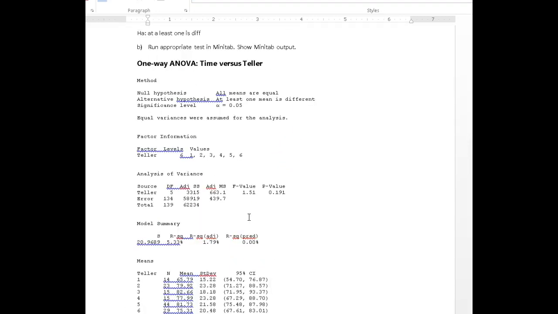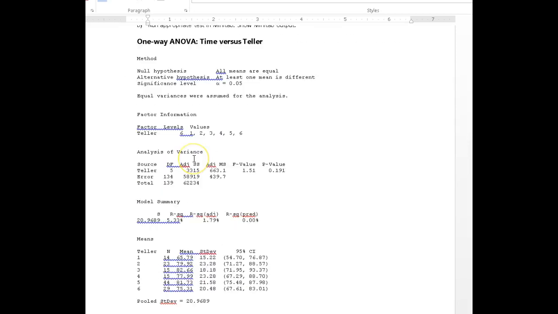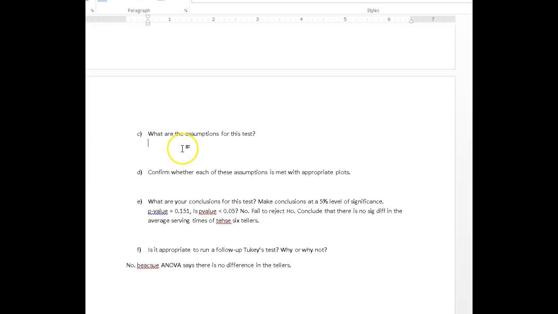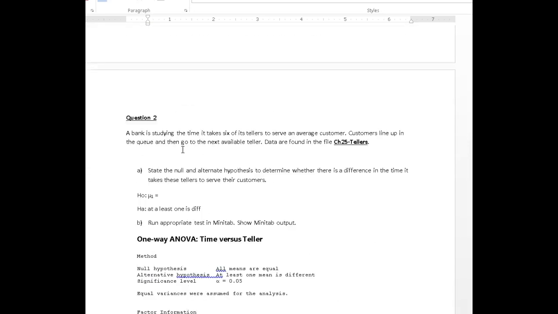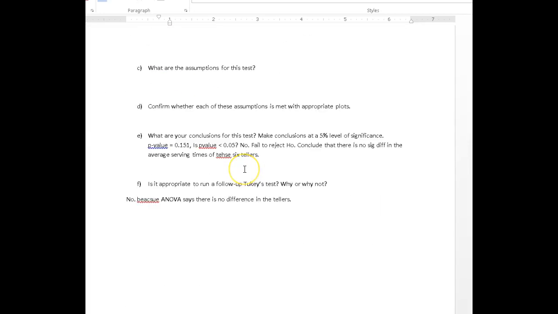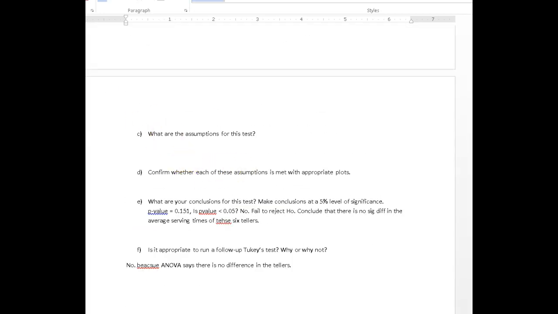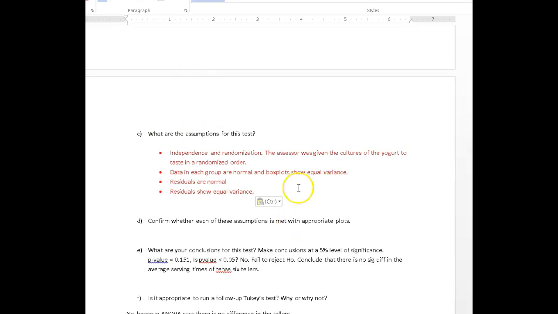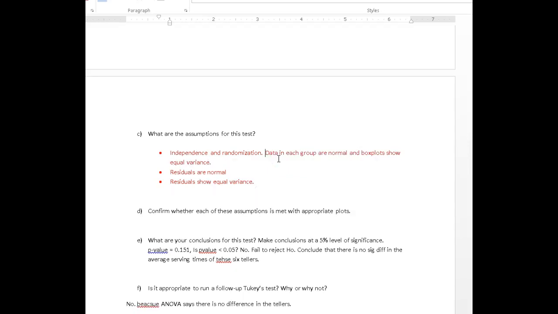All right, now up above here, that was question A, B, question C. What are the assumptions? Well, the assumptions are the same as what I had here before, so I'm going to copy and paste them. Now, the independence and the randomization, I don't have a clue. There's nothing told in the question.